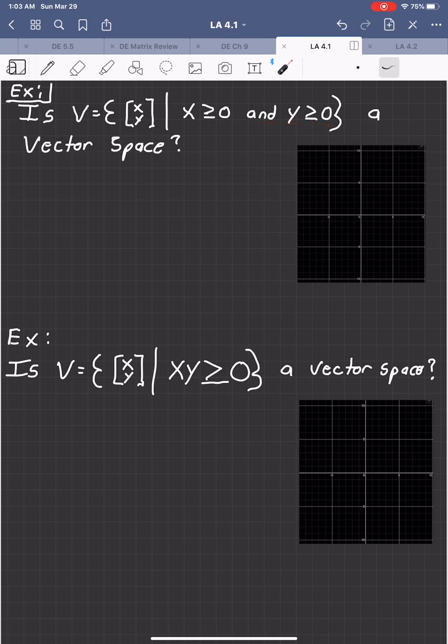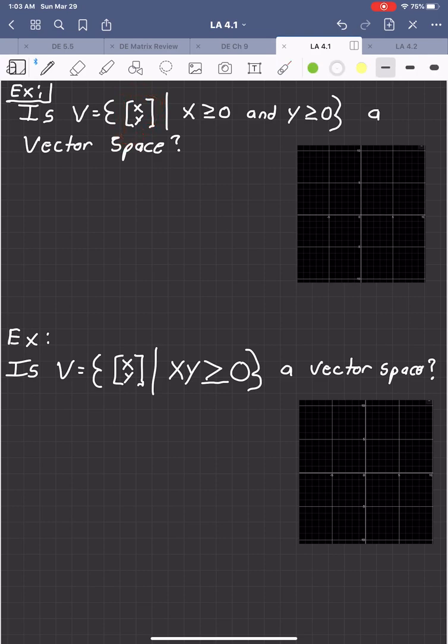All right, it appears that if we take a look at our vectors, our vector is a 2 by 1. So if it's a 2 by 1, we are in R2 space.